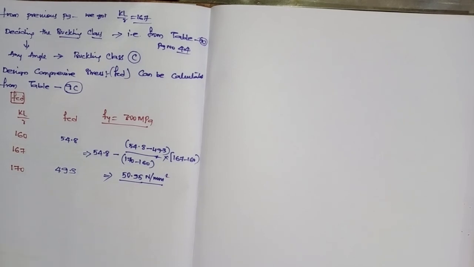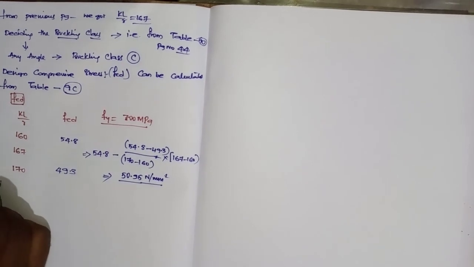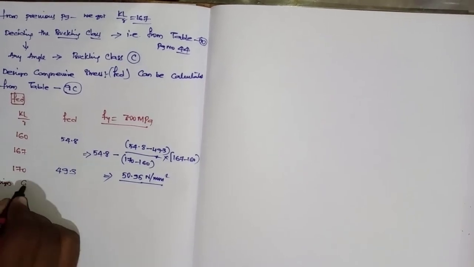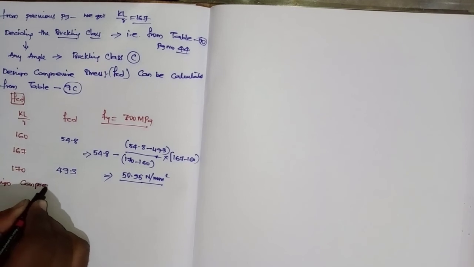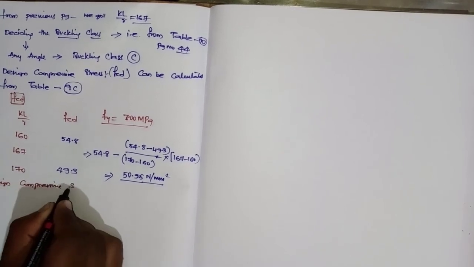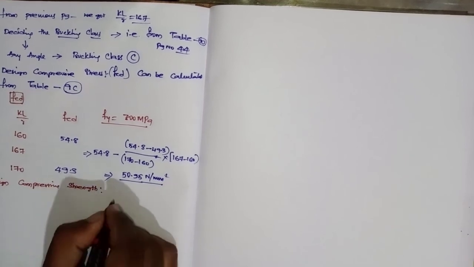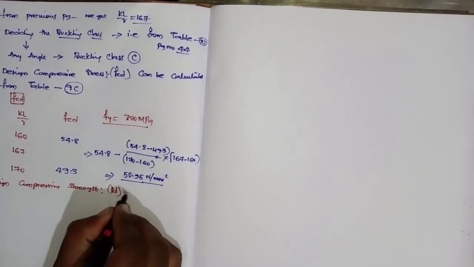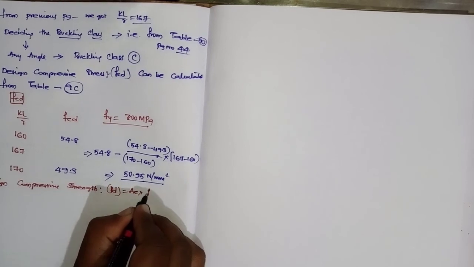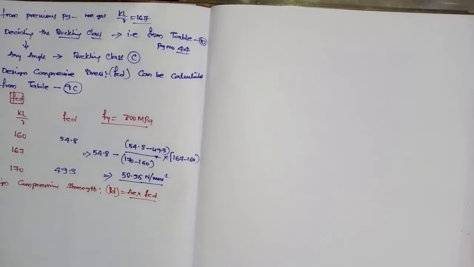Now the design compressive strength, which is PD equals AE into FCD. What is AE?